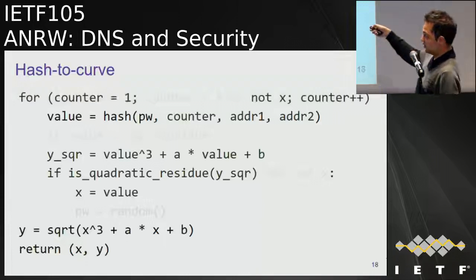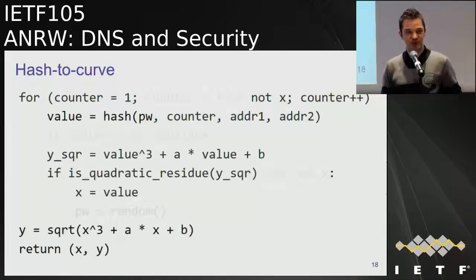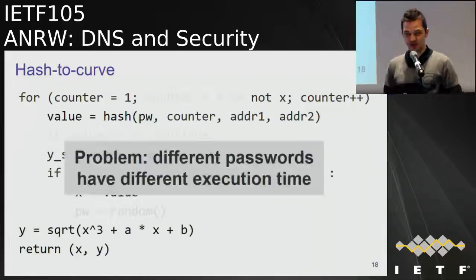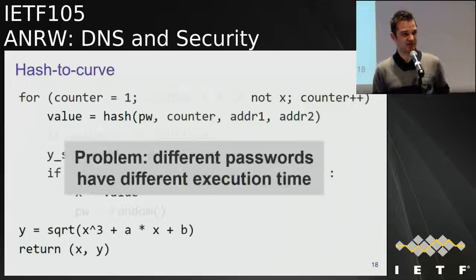In other words, we include the counter in our values that are being hashed, and we continue executing loops until we found a solution where the square root exists. Now, there's one problem with this, and this is that now different passwords again have a different execution time.